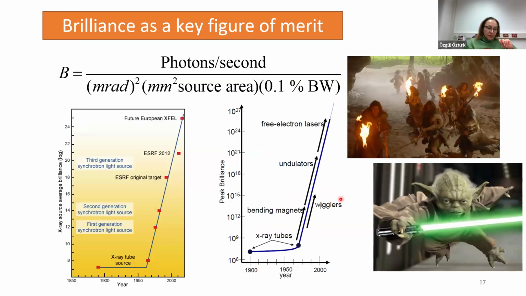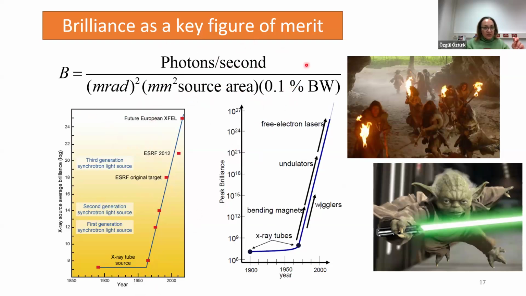Brilliance is a very important parameter for XFELs. What is brilliance? Brilliance tells us not just how many photons we have, but how well they are concentrated in space, angle, and energy. It is defined as the number of photons per second, per unit source area, per unit solid angle, per relative bandwidth, typically 0.1%.